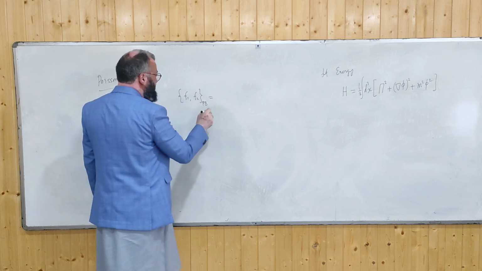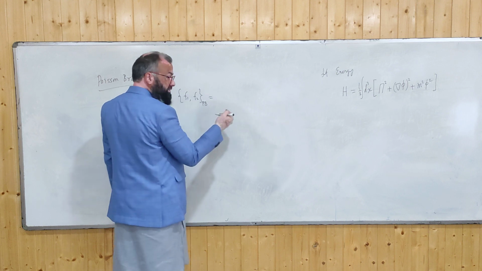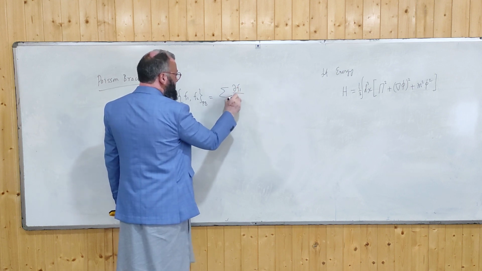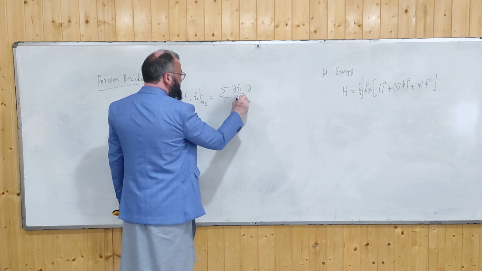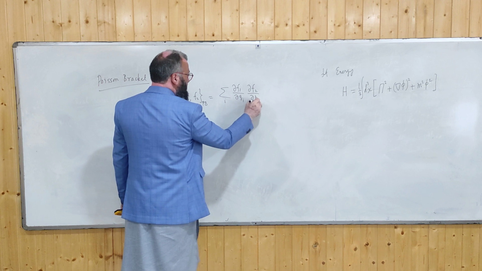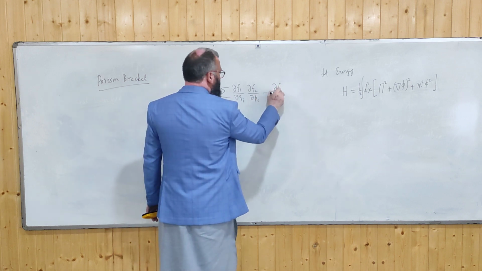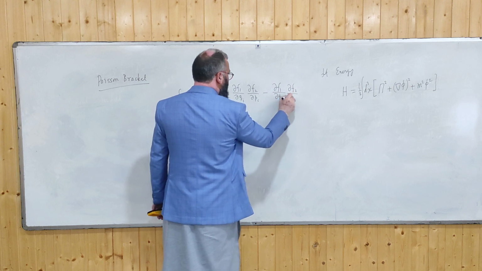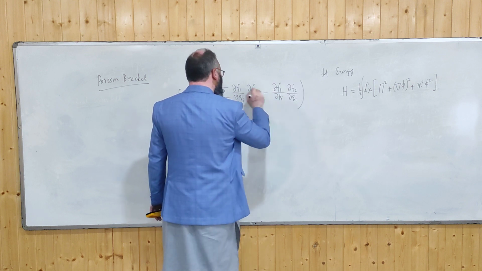How do you define it? Let's say there are n coordinates. You define it as summation over i, partial f1 by partial qi and partial f2 by partial pi, minus partial f1 by partial pi and partial f2 by partial qi. So this is how you define the Poisson bracket.